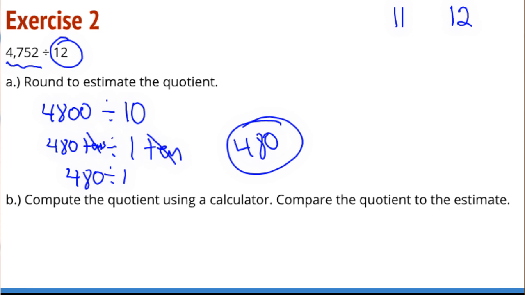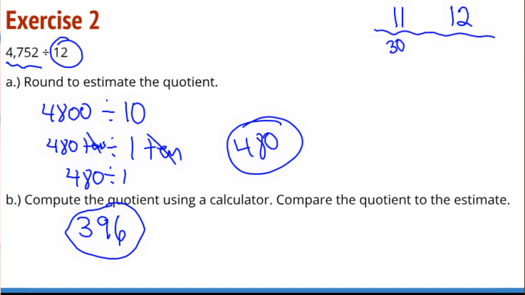So now I can punch into the calculator here, 4,752 divided by 12, and that gives me 396. Now I want you to notice that on the last problem, we were within about 30.